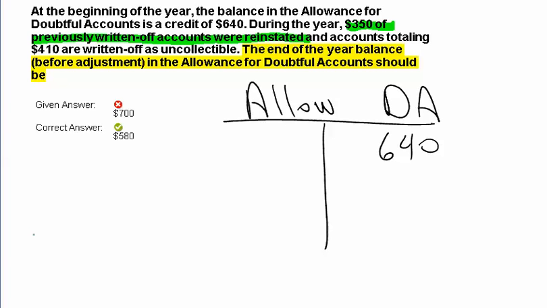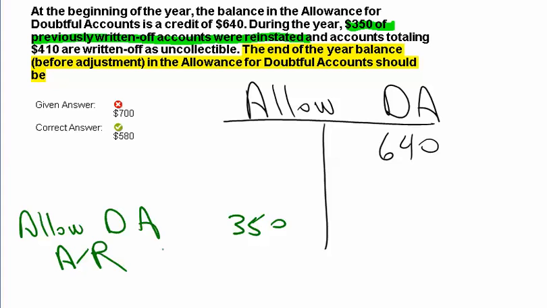When we wrote that off, it was written off with a debit to the allowance for doubtful accounts for $350, and it was credited to accounts receivable for J. Jones, say, we'll say Jones, for $350. So that was the entry when we wrote it off. We deducted the debit from the allowance for doubtful accounts, and we credited the accounts receivable J. Jones.